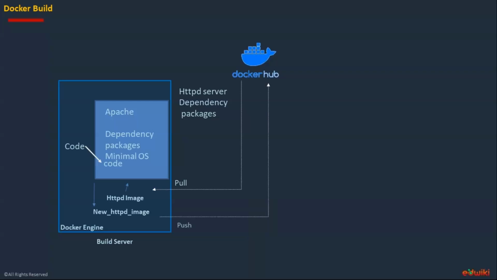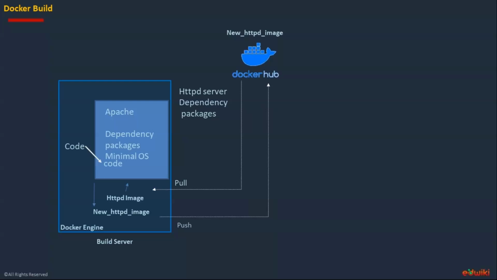That image you publish to Docker Hub. Then you get the new image in the Docker Hub that includes your code as well. But can I use a statement like this, rather than the terminology called code: the new image that is created contains all the customizations that you wanted to have in your image?